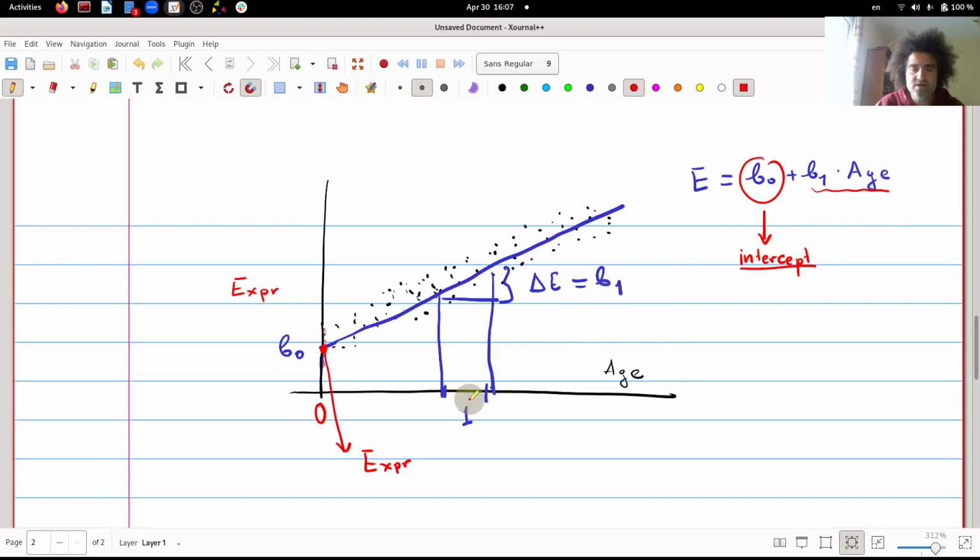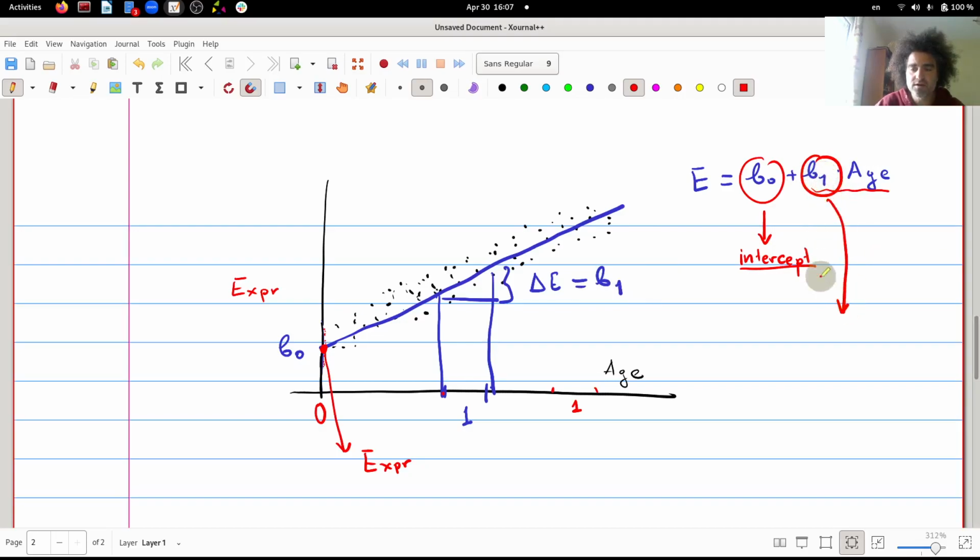Now, when the age increases, as we said, by 1 unit, wherever this age is, so it might be here or it might be here, and this again 1 unit, then what this model predicts is that the expression level will change by some amount, which is equal to beta 1.